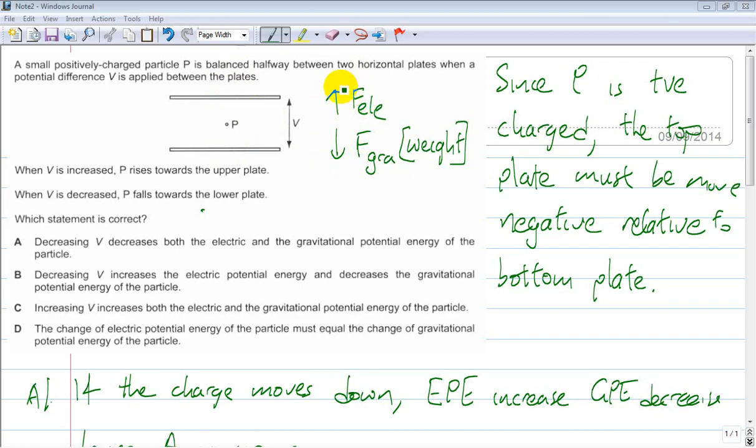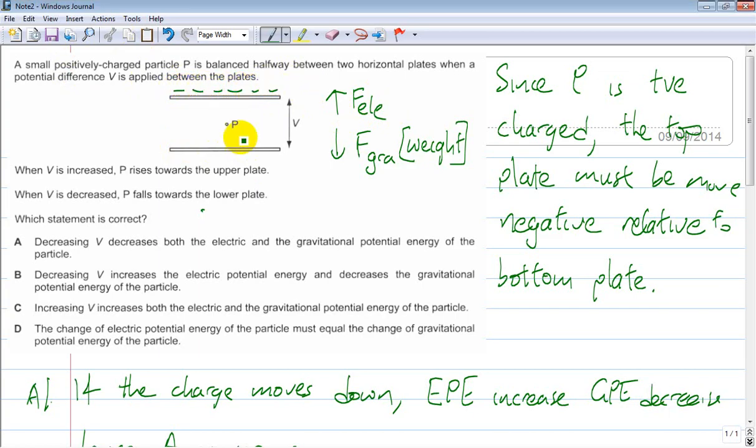Since P is a positive charge, I conclude that for the electrical force to act outwards, the top plate must be more negative than the bottom plate. If I imagine it visually, I should imagine some negative charges on the top plate.